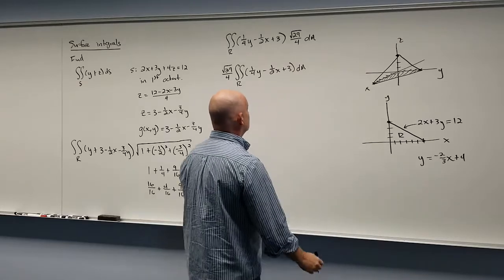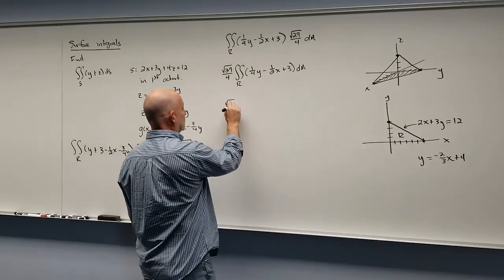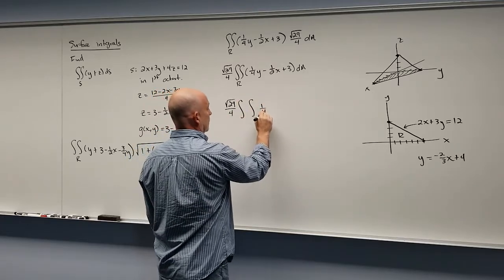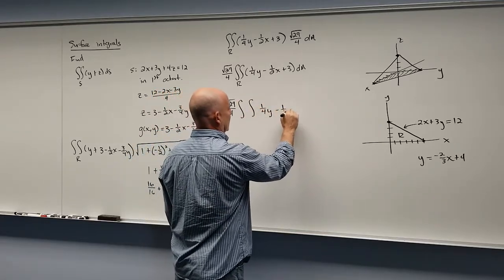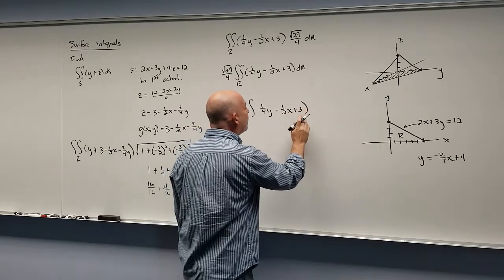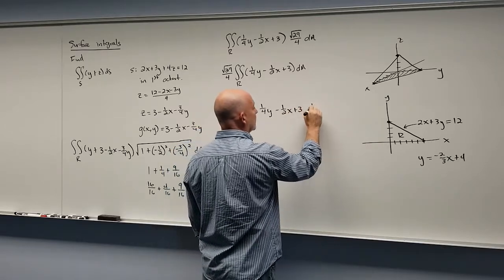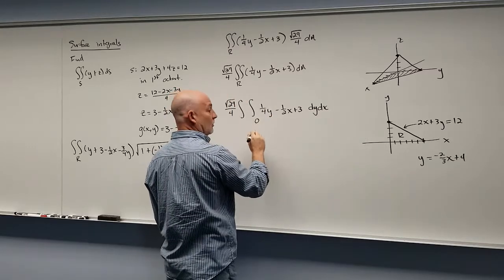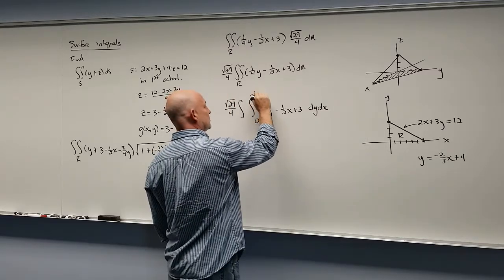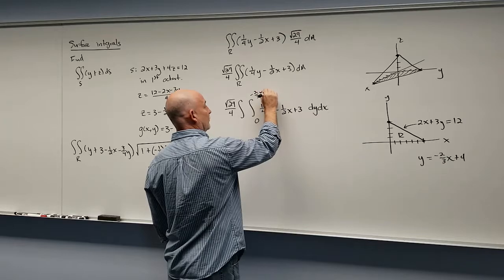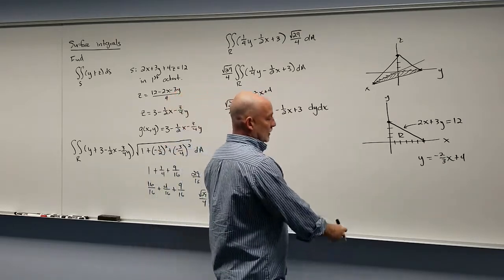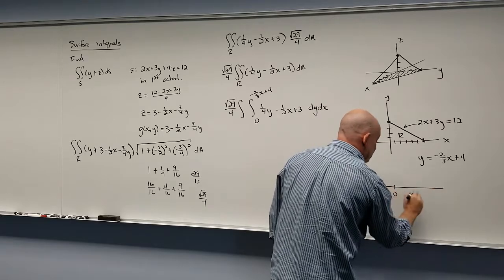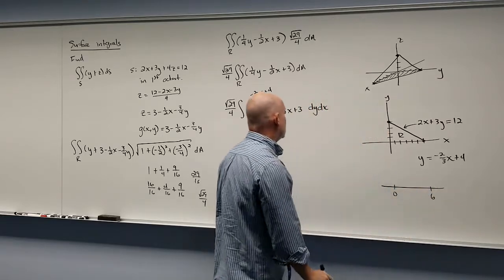So in this region, let me go ahead and write our square root of 29 over 4, 1/4 y minus 1/2 x plus 3, and we're going to do dy dx. Y runs from 0 to negative 2/3 x plus 4. Now once we integrate y out of this region, this collapses down to the x-axis, and x runs from 0 to 6.